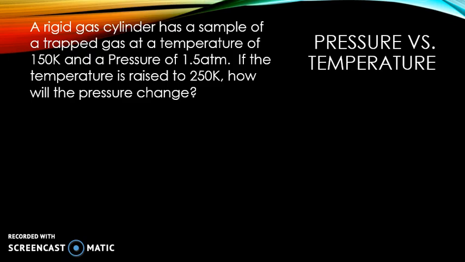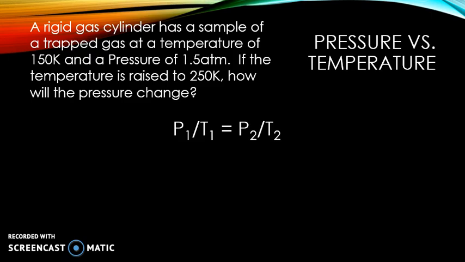A sample of a trapped gas has a temperature of 150 Kelvin and a pressure of 1.5 atm. If the temperature is raised to 250 Kelvin, how will the pressure change? Again, because we're dealing with pressures and temperatures, but we're dealing with constant volume, that's going to allow me to use Gay-Lussac's equation, which is P1 divided by T1 equals P2 divided by T2.